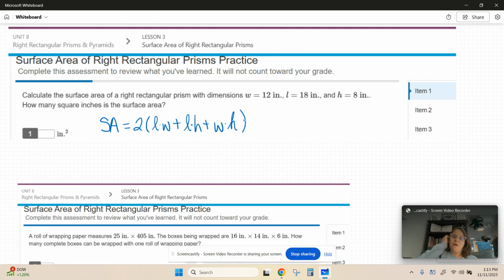Okay, and so really where this comes from, length times width is the top and bottom of the rectangular prism. So you have two of those, right? One on the bottom, one on the top. Length times height is the front and the back of the box.